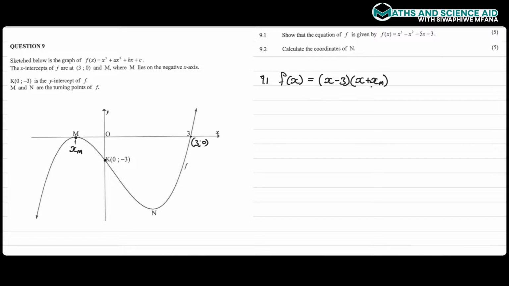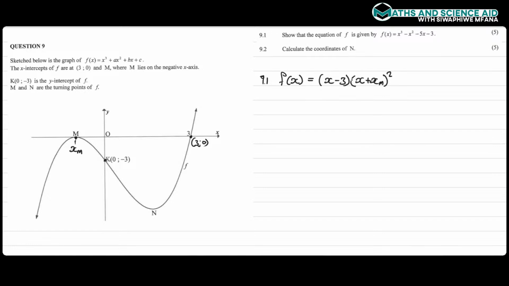Now, here's what you need to keep in mind. Since this is both a turning point and an x-intercept, and since we only have 3 and m as our x-intercepts, it means that this x plus xm here must be a perfect square, because normally in a cubic polynomial you should get 3 x-intercepts.